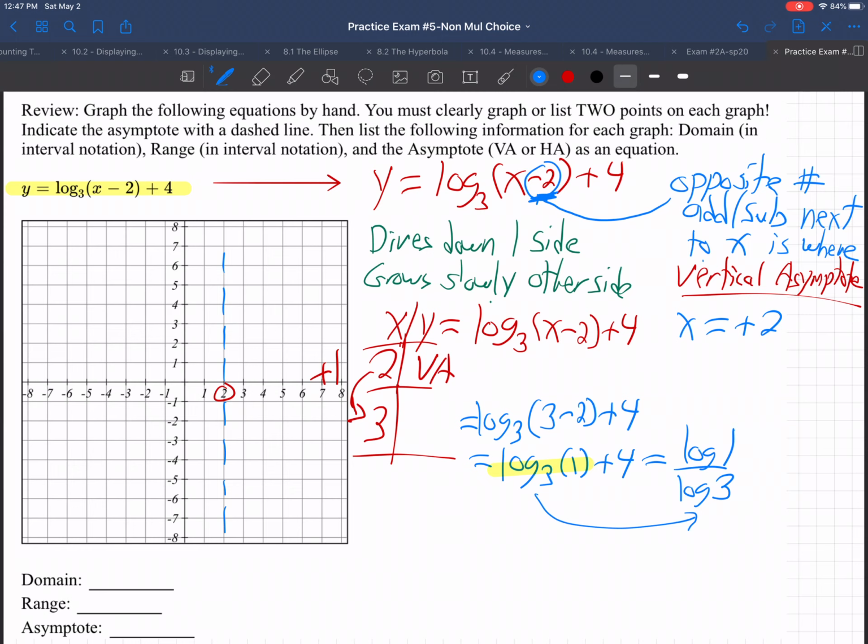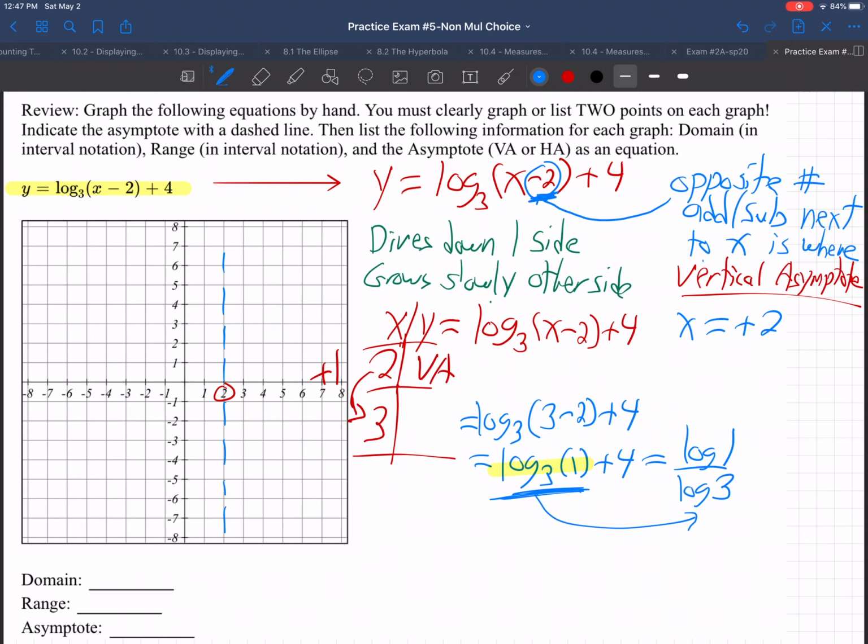Notice I turned it into 2 logs. It went from 1 log to 2 logs. That's called the change of base formula. That's an important formula. I'm not proving right now that it's true. It is true, but now's not a good time to prove it. But that's what we're going to use.